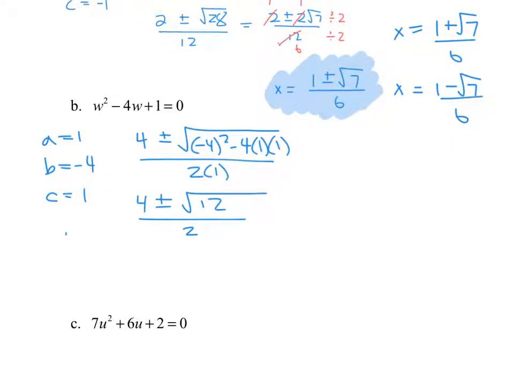We simplify the radical. 12 is 2 times 6, 2 times 3. Take out a 2, leave a 3 inside. 4 plus or minus 2 radical 3 over 2. And again, to simplify this, all three terms need to be divisible by the same number. And again, everything can be divided by 2.